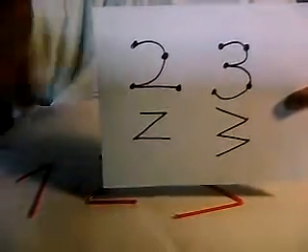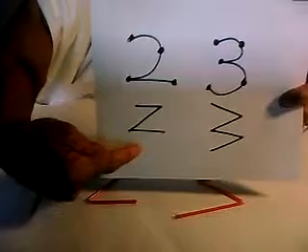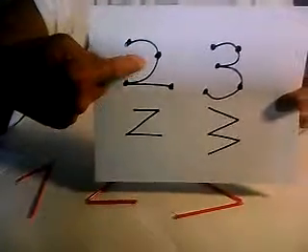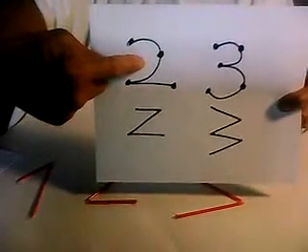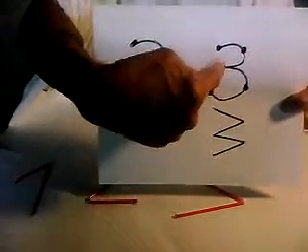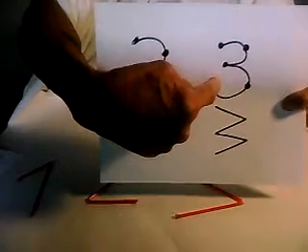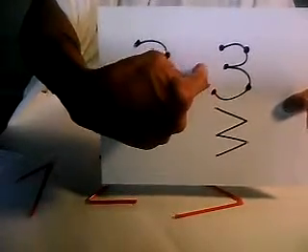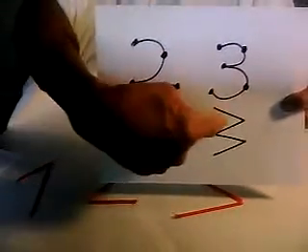So the 2 that was like this in our shorthand becomes this, but we still recognize it as 2. Here is the 3, and we recognize it as 3.